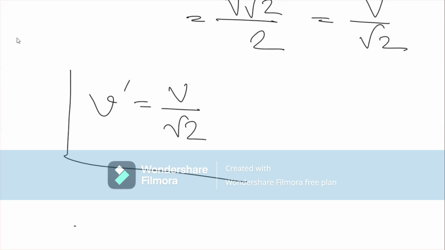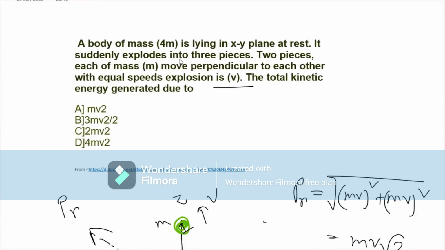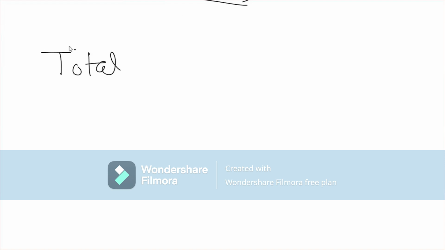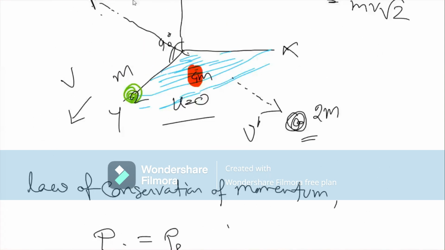Okay, so अब we can proceed to the total kinetic energy. So the total kinetic energy generated will be the sum of the kinetic energy of these three masses.